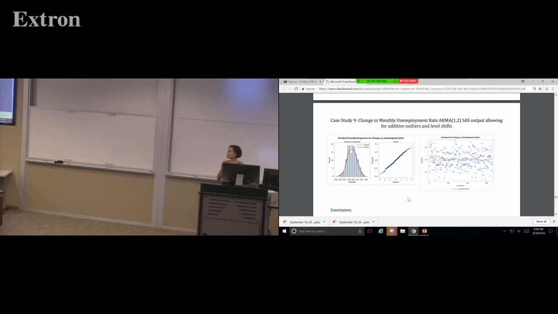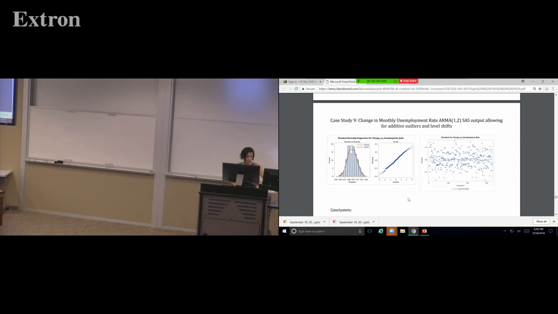So instead of just visually inspecting a quantile plot, you could do an Anderson-Darling, a Kolmogorov-Smirnov, or a Shapiro-Wilk. But in general, Anderson-Darling is probably the more popular one for checking normality of residuals for time series data. Okay, so this ARMA 1-2, including regressors for the additive outliers and level shifts, looks pretty good.